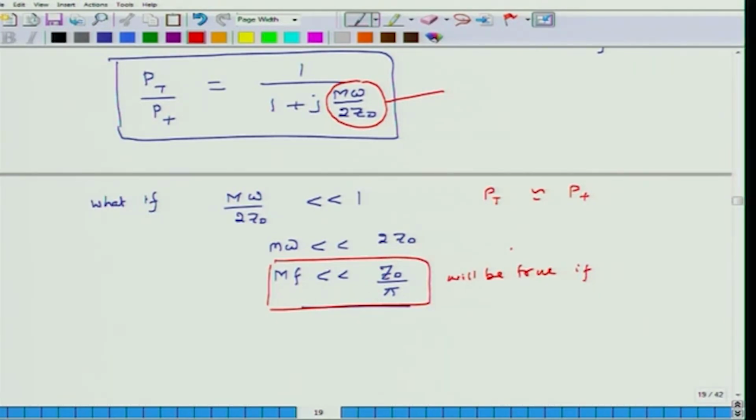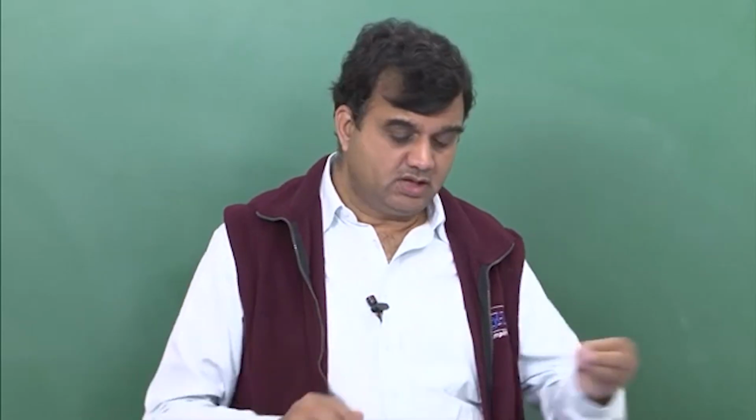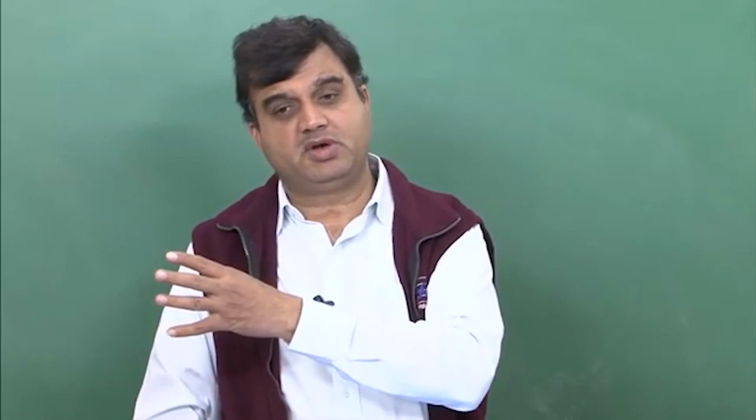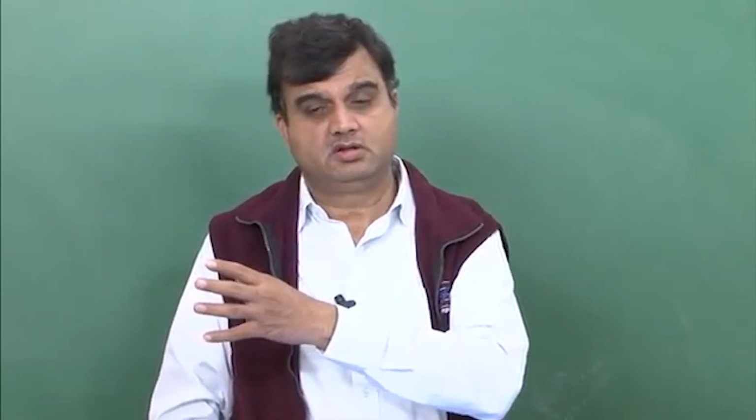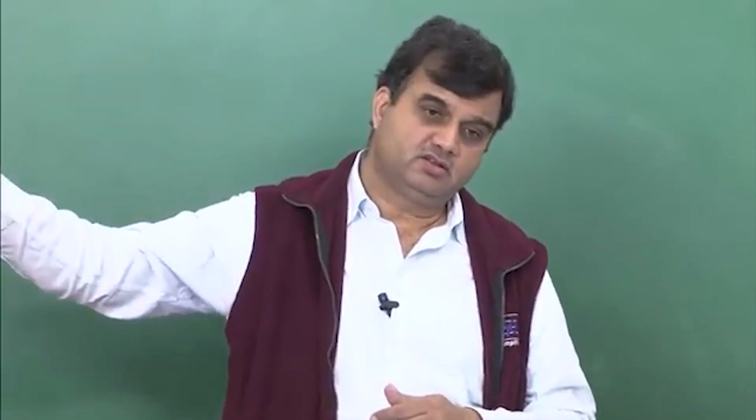So what this means is that if I have a low frequency sound, then I have to really put a very heavy mass to stop it from getting transmitted to the other side, because it's the multiple of M and f which matters. Or if I have a very small mass, then most of the frequencies will easily pass through it, unless frequencies are extremely high.